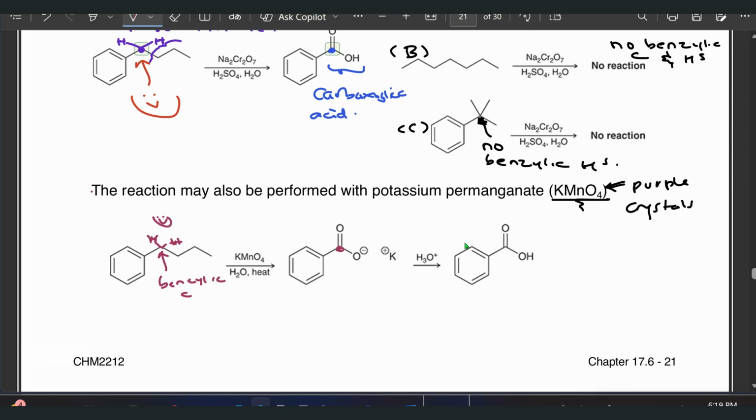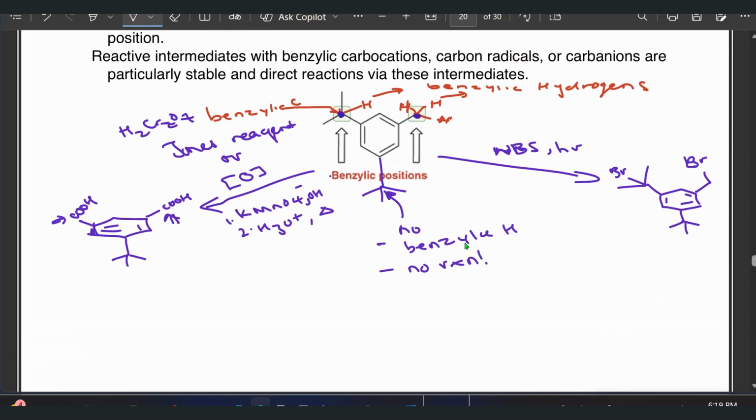Now remember that there's no H3O plus, which is why if you check here, I did 2 steps. The first step is going to give you a carboxylate because it's basic. The second step will protonate the carboxylate.